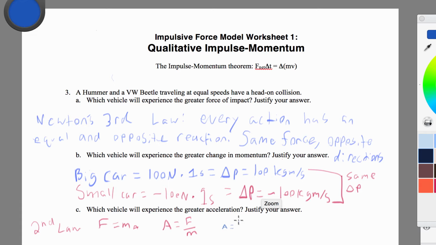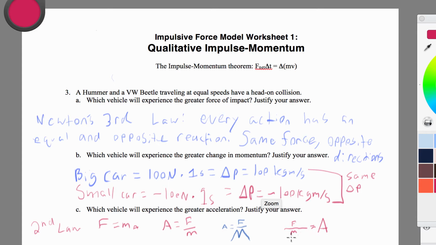It experiences a force divided by a big mass, and if you divide by a big number, you get a small number. Now for our little car, the mass is tiny. It's the same force. I want to draw that even tinier. But that's going to equal a bigger acceleration, because if you divide by a small number, you get a bigger number.